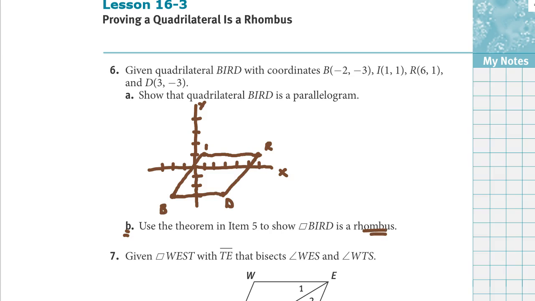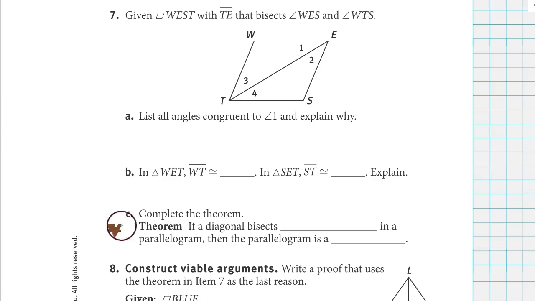Here's yet another theorem that gives us a way to tell if a parallelogram is a rhombus. Look at the drawing of this shape up here and then one of the diagonals shown. Notice that angle 3 looks congruent to angle 4. And over here, angle 1 looks congruent to angle 2.